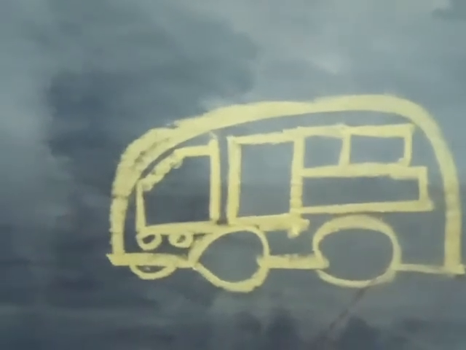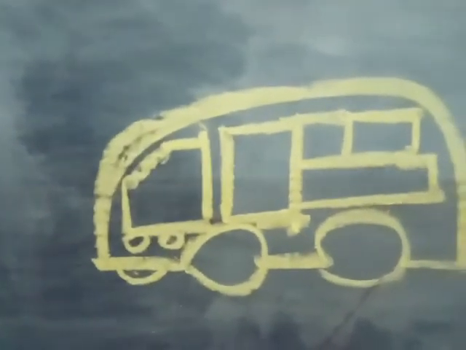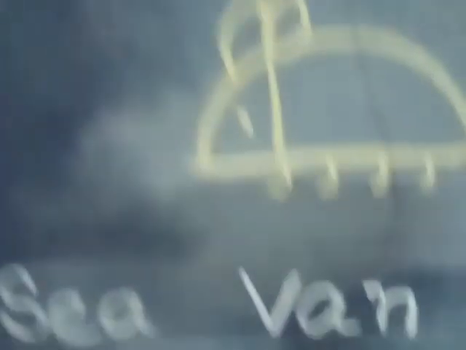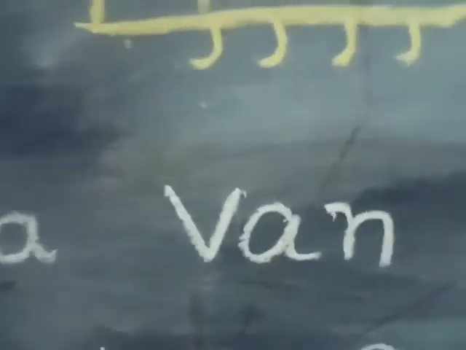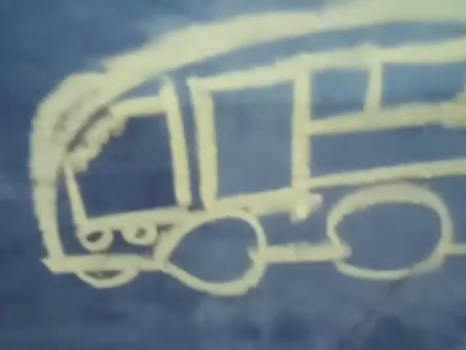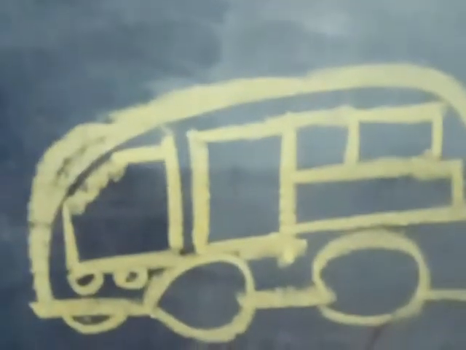Yes, it's a van. So can you identify the word van? Yes, van. It's here. So as I read, circle it. Got it children? See, here is the picture van. So you need to circle the word van. Okay? Now I have circled the first one.